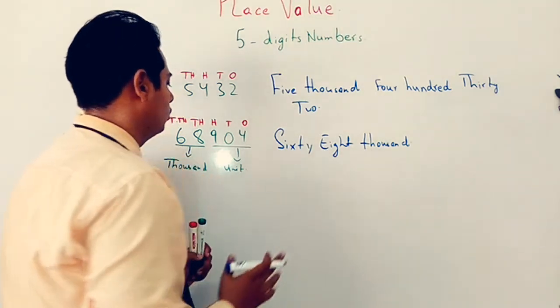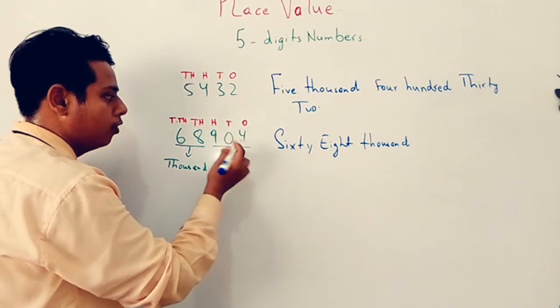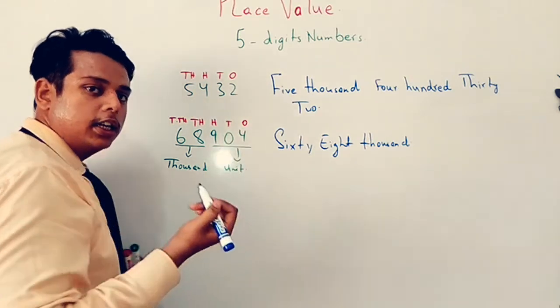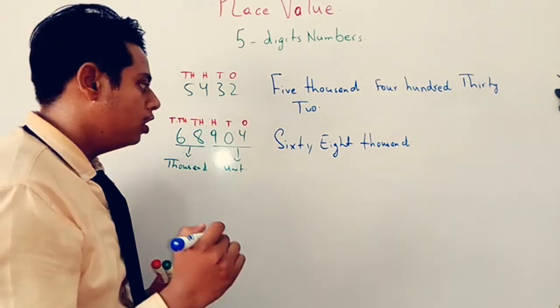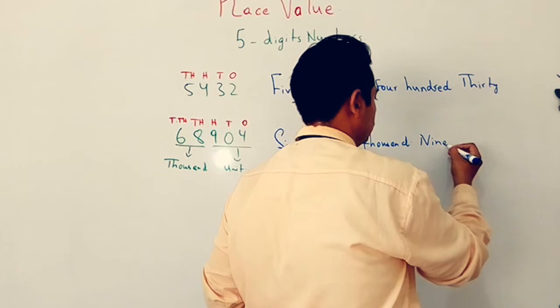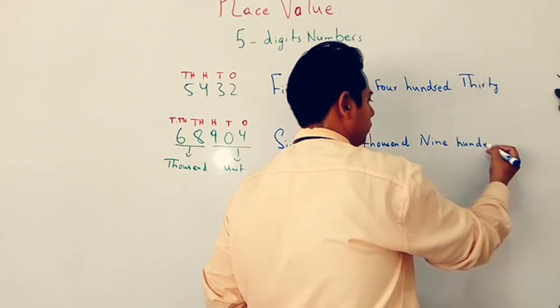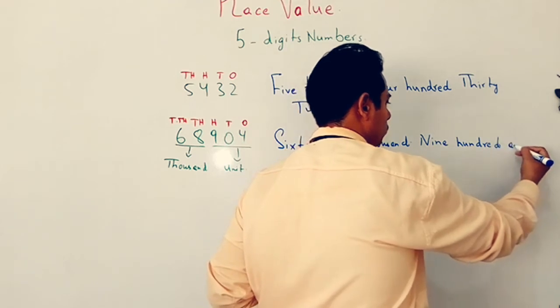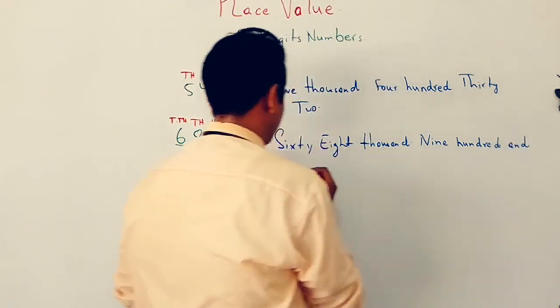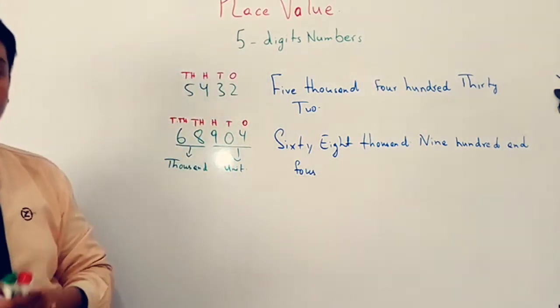Then what is the unit family's number? 904. So simply I write 900 and 4. In the units family, there is no need to mention the family name.